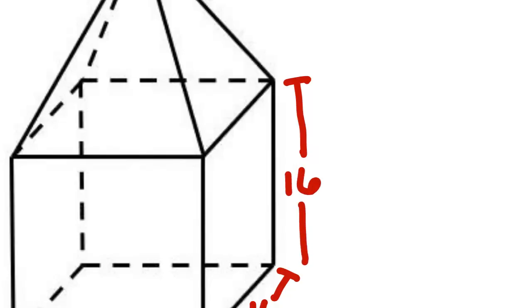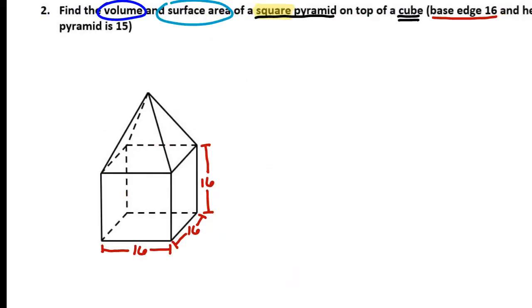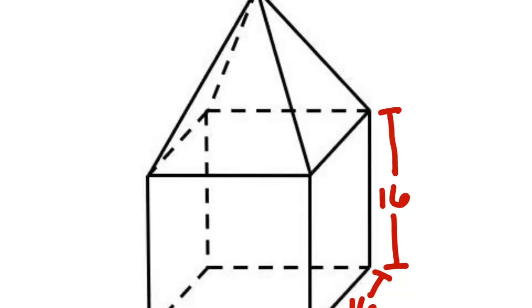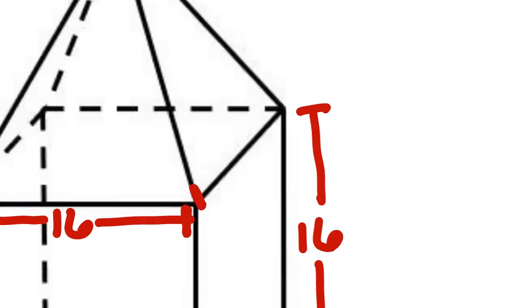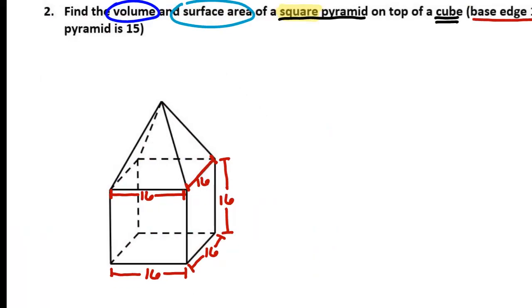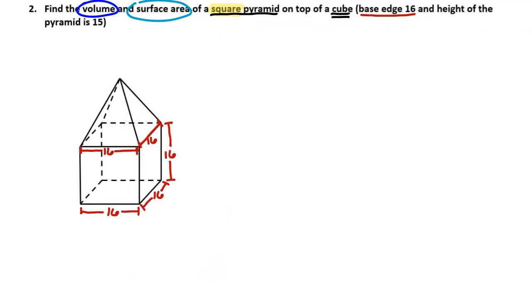It's a cube, so that means length, width, and height are all the same, and that means for my pyramid, the base edges are also 16. Well, not necessarily for the height of the pyramid. For the cube, if it says it's a cube, then length, width, and height are all the same.